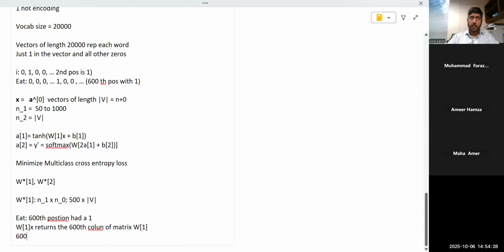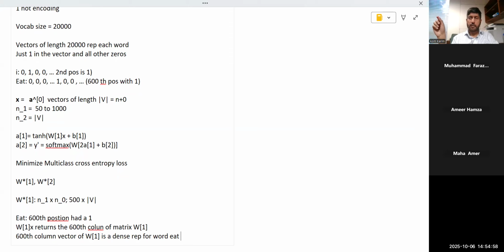So the 600th column vector of W1 is a dense representation for the word eat. So in other words, all the columns of your matrix W, W1, are now the dense representations for all the words in the vocabulary.